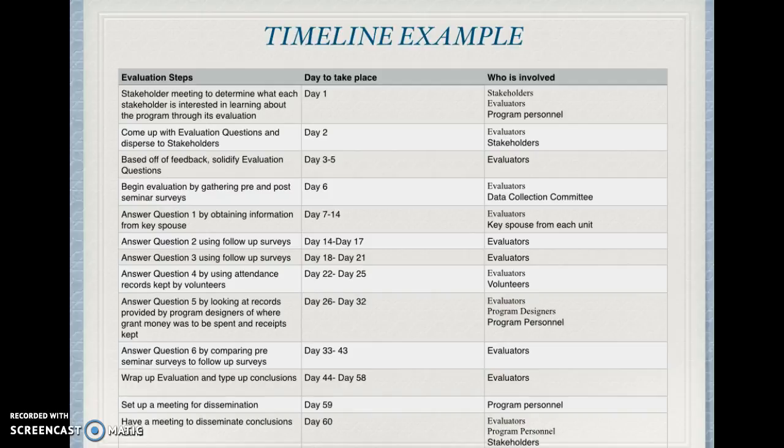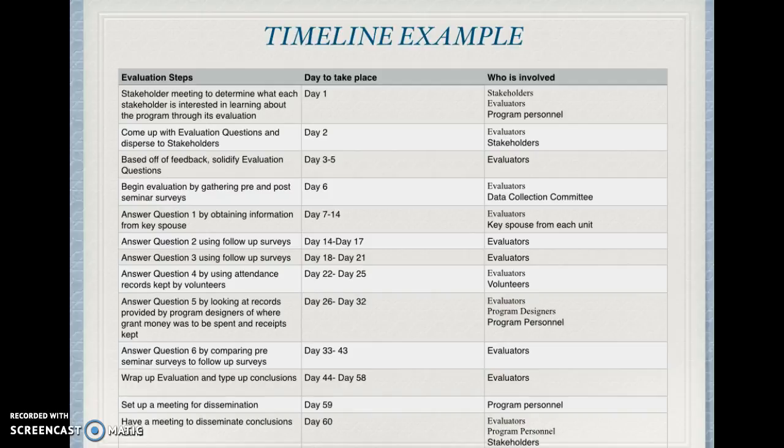Day 26 through 32, evaluators, program designers, and program personnel are responsible for answering question 5 by looking at the records provided by program designers of where grant money was spent and the receipts kept. Day 33 through 43, the evaluators are responsible for question 6 by comparing pre-seminar surveys to follow-up surveys. On day 44 through day 58, the evaluators are responsible for wrapping up the evaluation and typing up the conclusions.